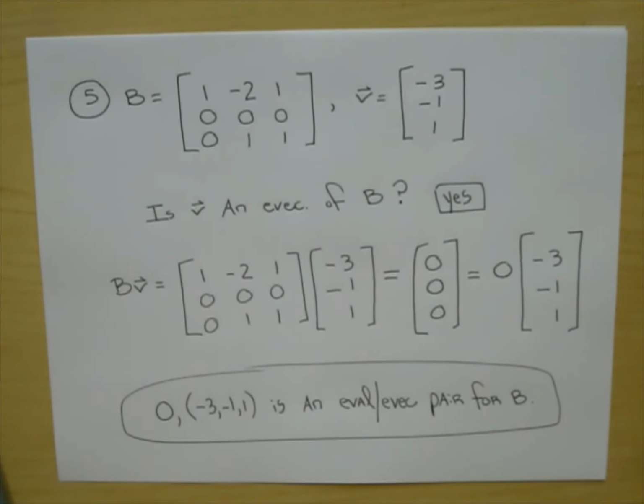And so that's great. So we can see that the eigenvalue can be 0. But the eigenvector is not allowed to be the 0 vector.